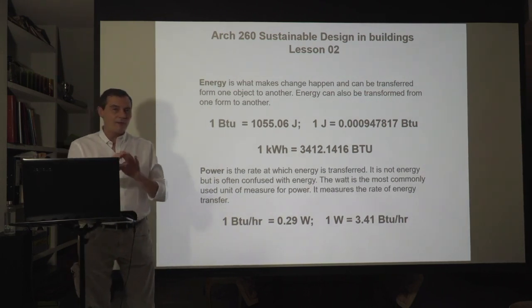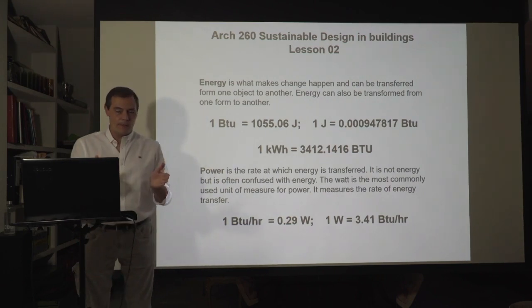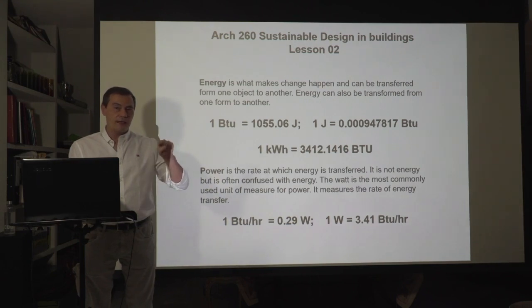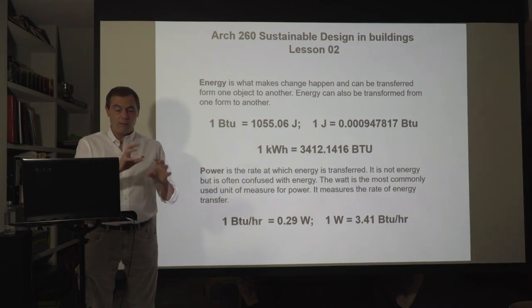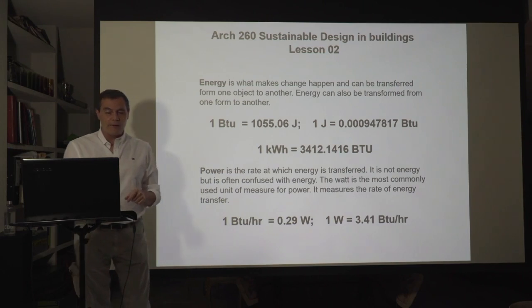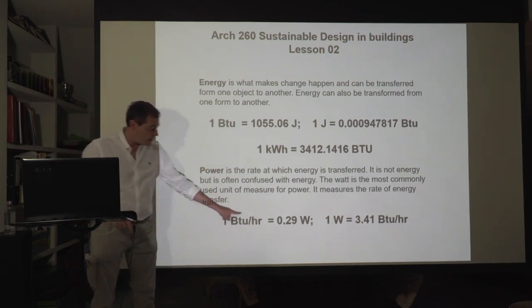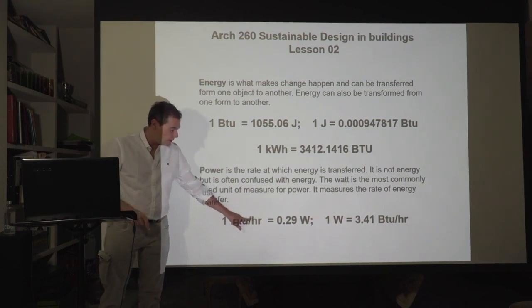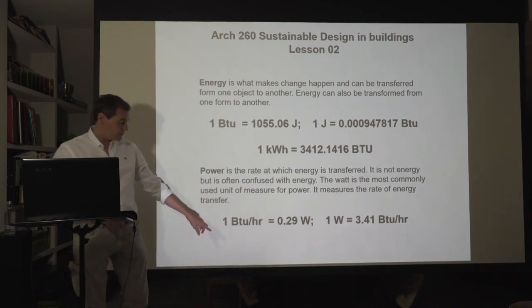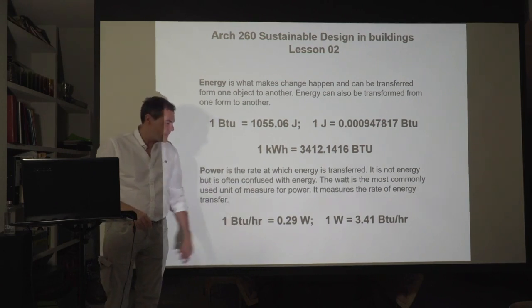When we are talking about this rate, it's time. So we have the energy and we have time. So energy divided by time is power. So that's why the imperial unit for power is BTU, energy, divided by hours, which is time. It's always energy divided by time.